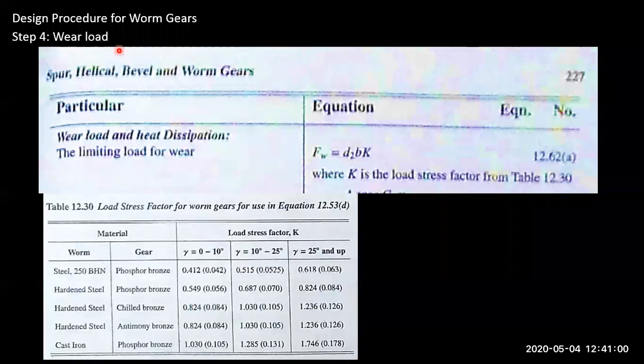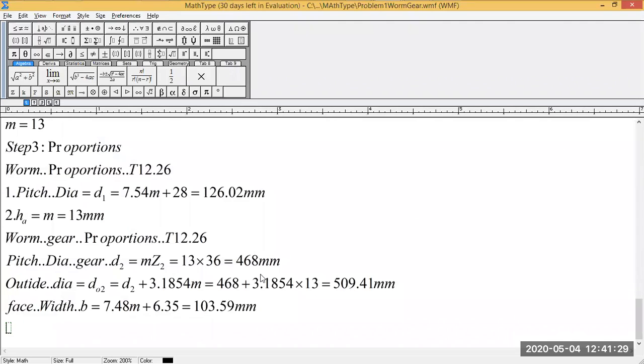Okay, so the next step is finding the wear load. For finding wear load, FW needs to be considered. So this is step 4.